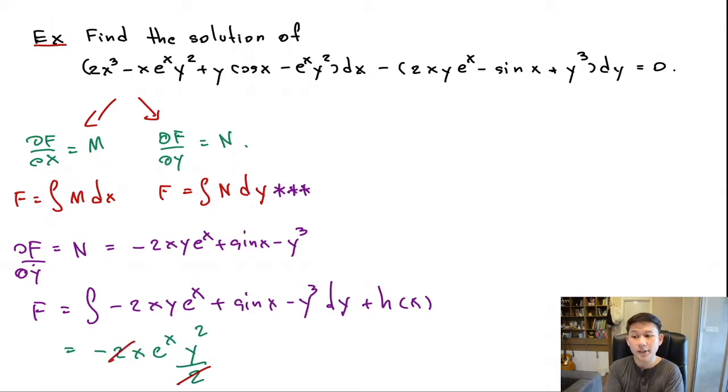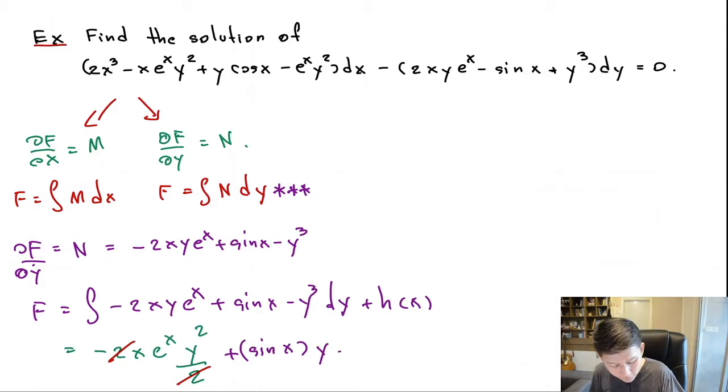Make sense? The integral of psi x is just a constant. Don't forget, so it's just plus psi x times y. Psi x is just a number, we don't care, right? We integrate by y. Minus y to the power of 4 divided by 4 plus h of x.